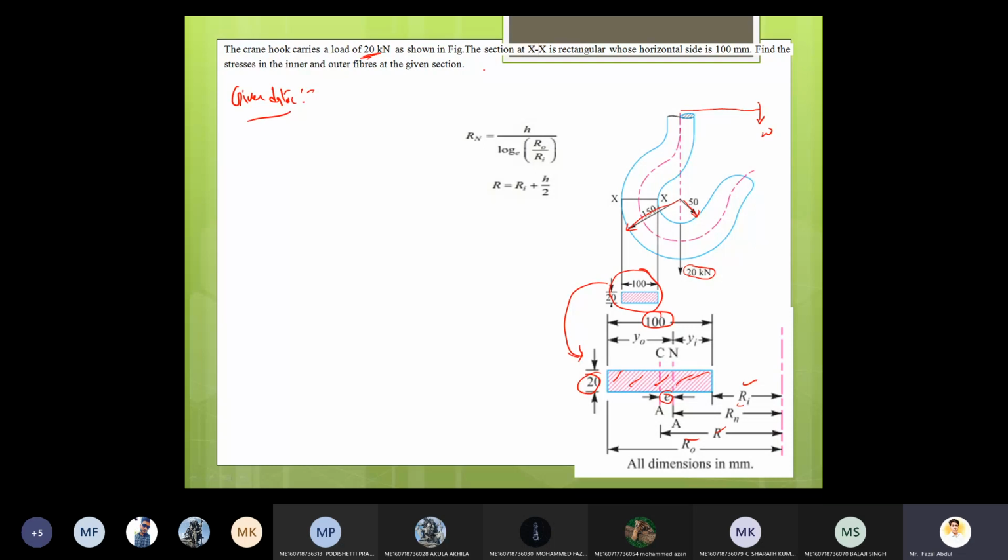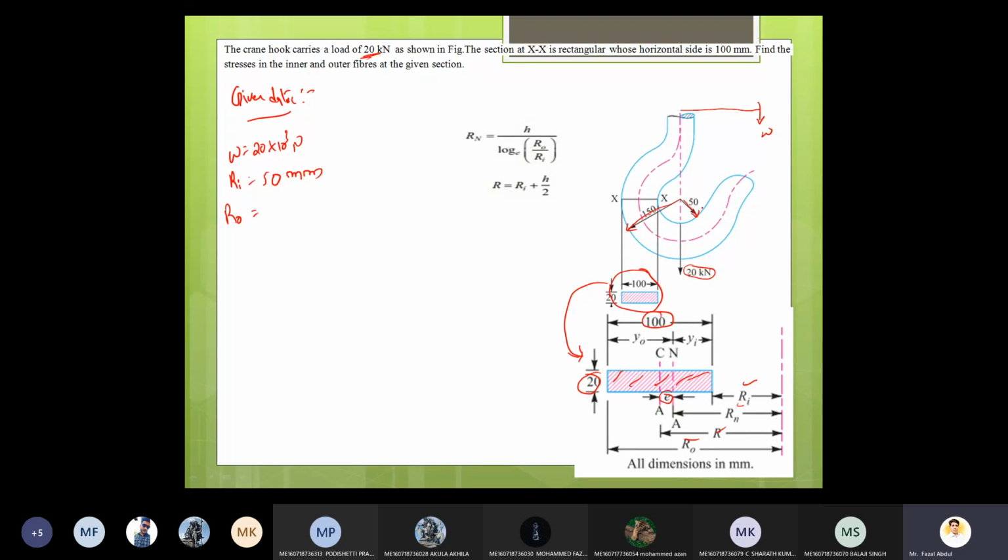What is the given data here? Load is given, 20 kilonewtons, and the Ri value 50. The R naught value is given in the question itself, 150 mm. I'm not writing my own.